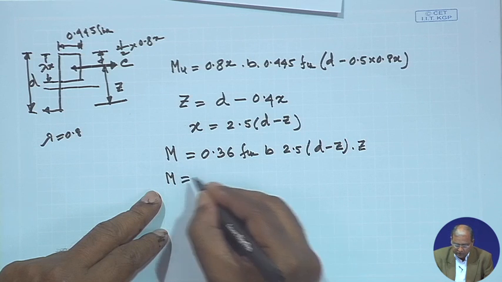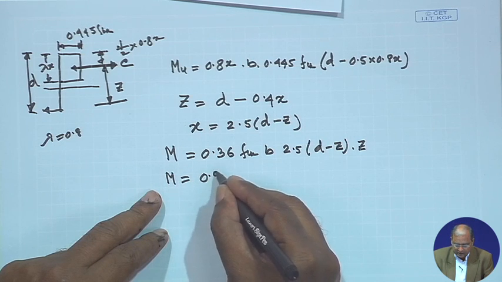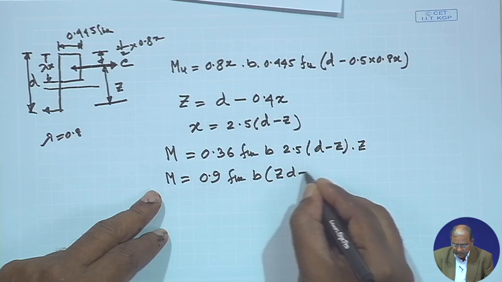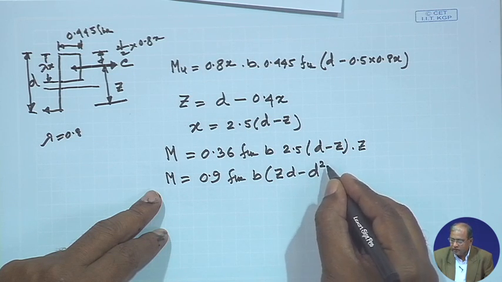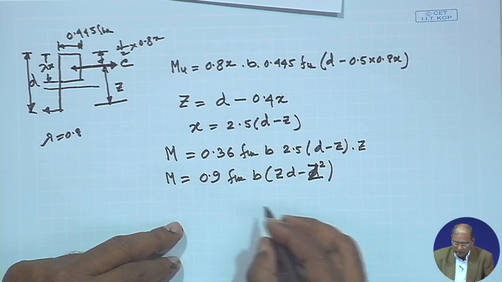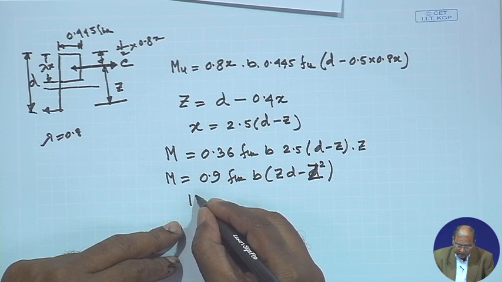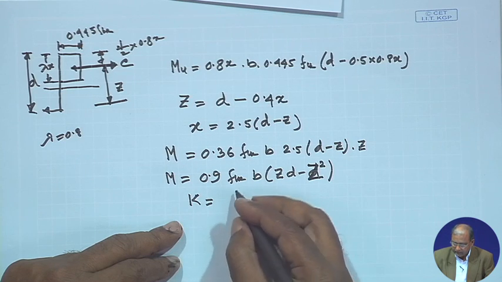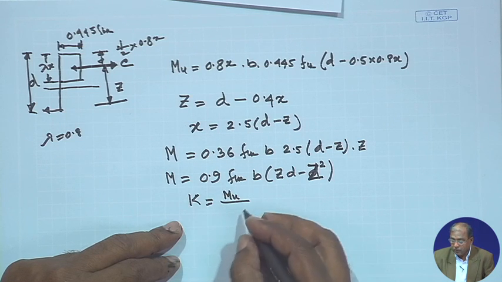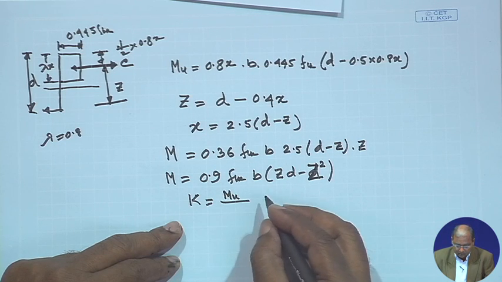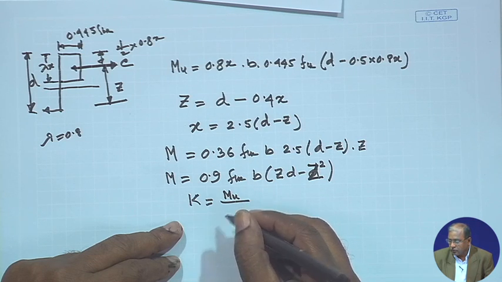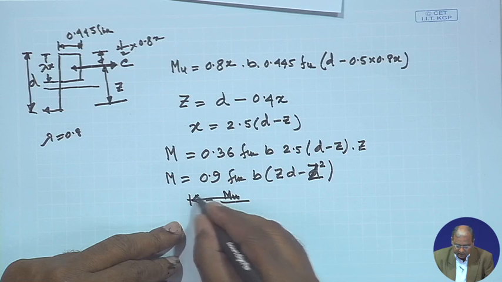So, m equal to 0.9 FCK B Z D minus D square, sorry Z square, and K, mu by this particular one we can consider here, just a minute.